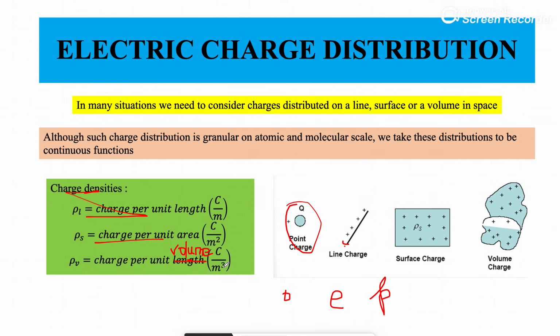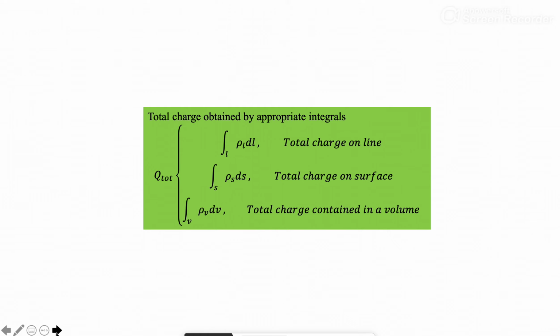So how do I obtain the full charge or total charge? The total charge is obtained by evaluating the integrals. The total charge on a line can be obtained by integrating over the line along which charges are distributed.